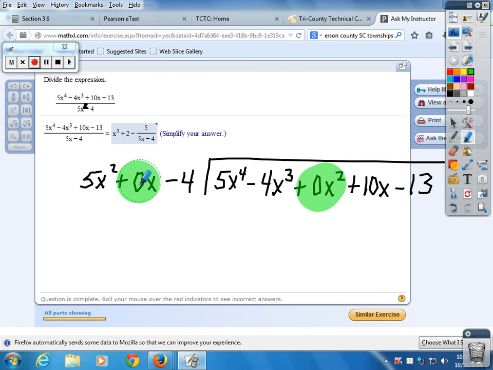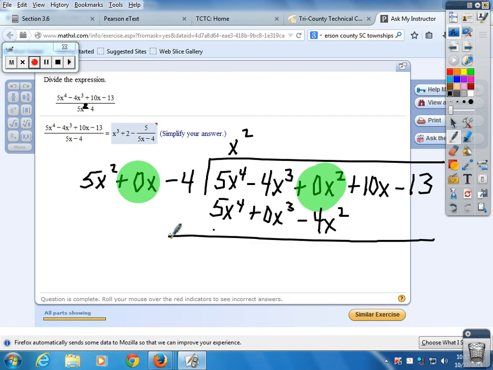Now you follow the same process, I'll start you off. 5x squared will go into this x squared times. x squared times 5x squared is 5x to the fourth. x squared times 0x is 0x cubed, and x squared times negative 4 is negative 4x squared. And you always subtract, so that would be a negative here and a plus here.